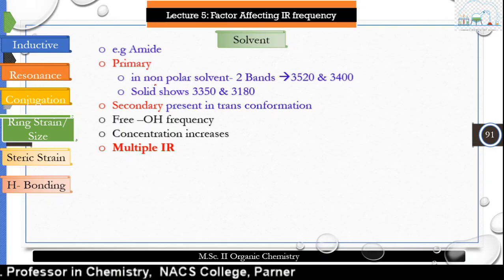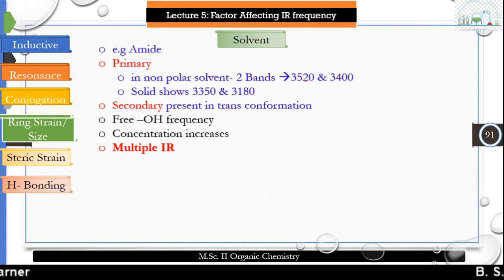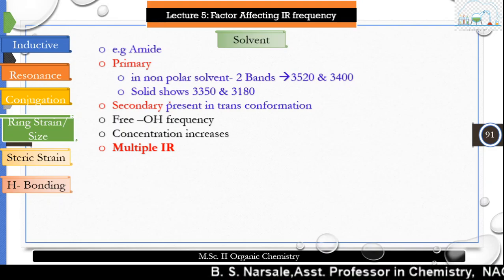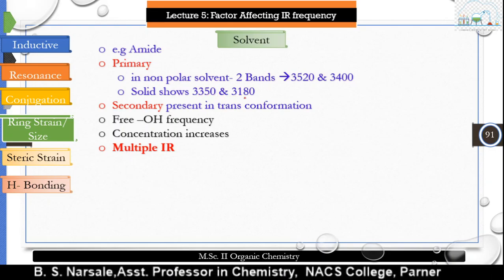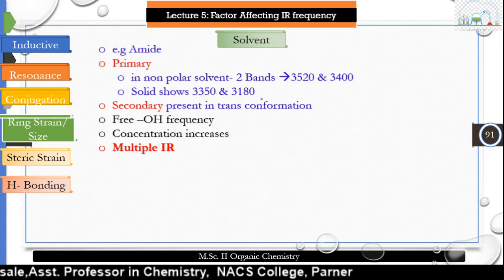In a non-polar solvent, where there is no hydrogen bonding, they are observed at 3520 and 3400. In a solid compound, the NH absorptions are observed at 3350 and 3180.